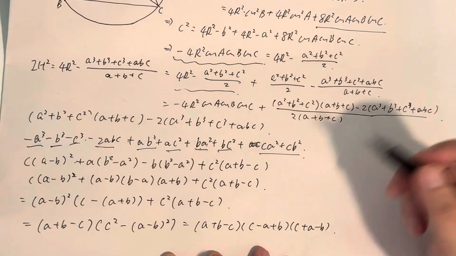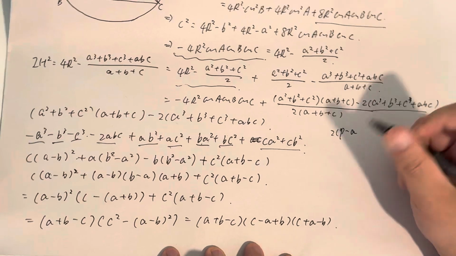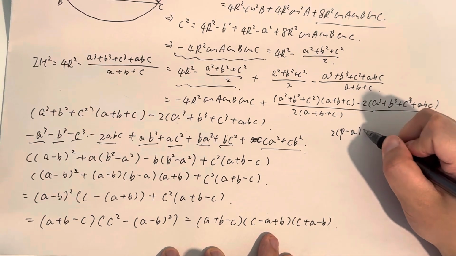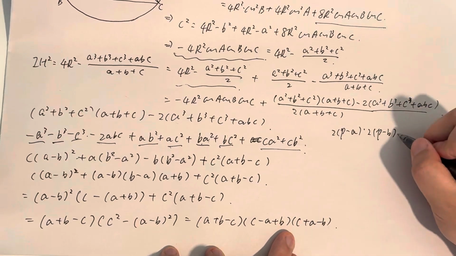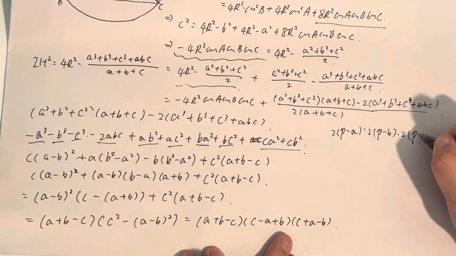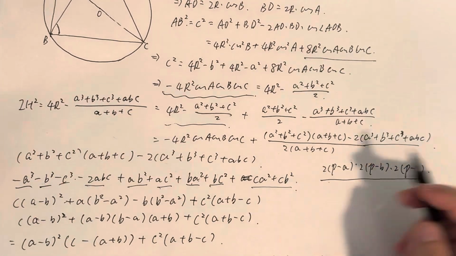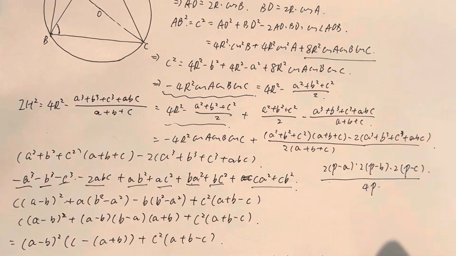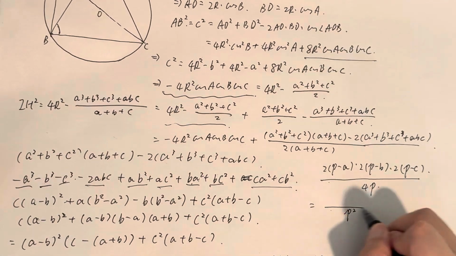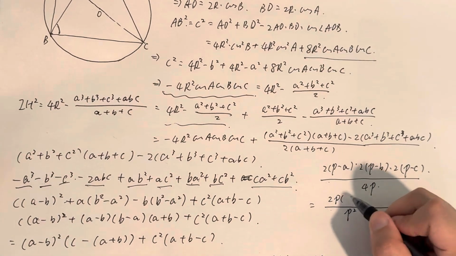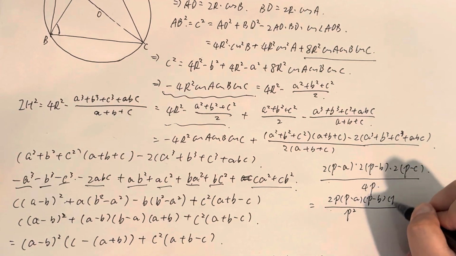So this can be rewritten as twice of (P minus A) for this one, times twice of (P minus B) for this one, times twice of (P minus C) for the first term, divided by this one, that's 4P, right? So it equals 2P times (P minus A)(P minus B)(P minus C), right?